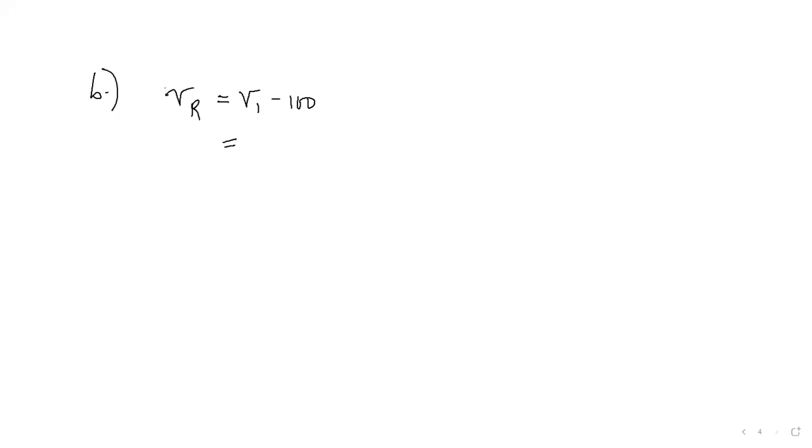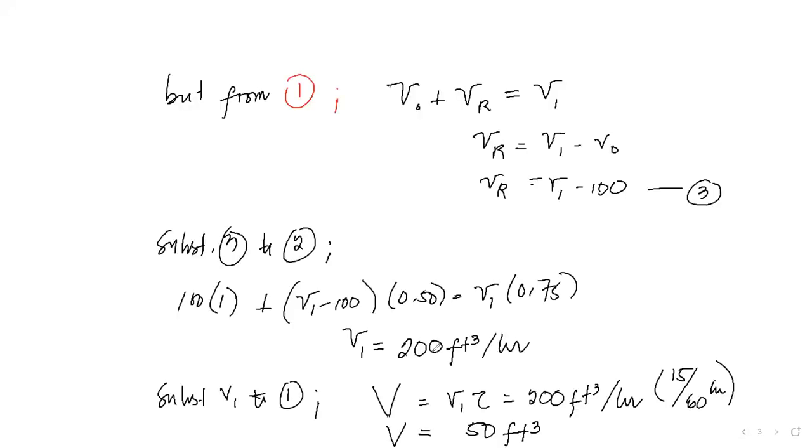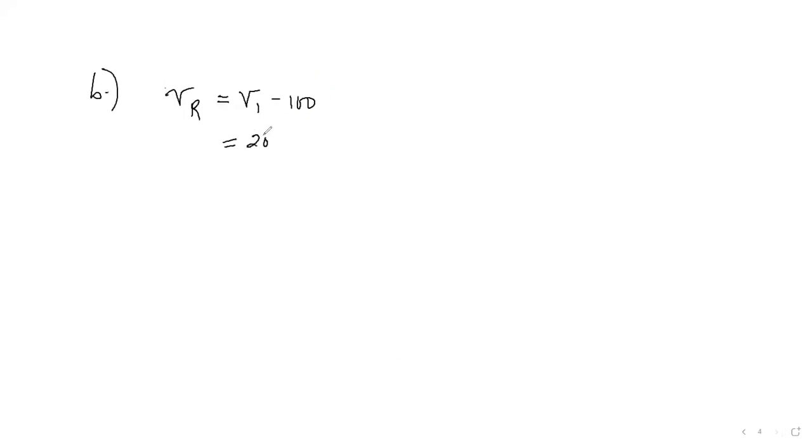Let me see if we have it here already. That's 200. So that's 200 minus 100. So the volumetric flow rate that is being recycled, or rather the recycle rate, that would be 100 cubic feet per hour.